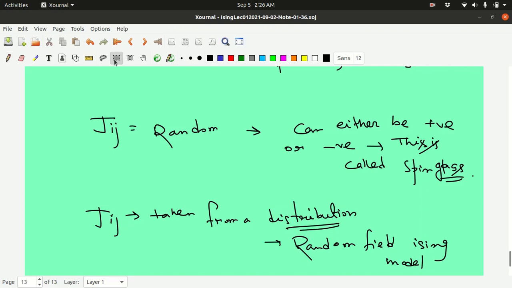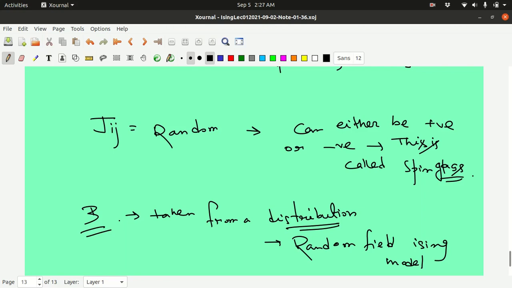So not this J_ij, let me delete it. This B is taken from a distribution and is random, and then it is called the random field Ising model.